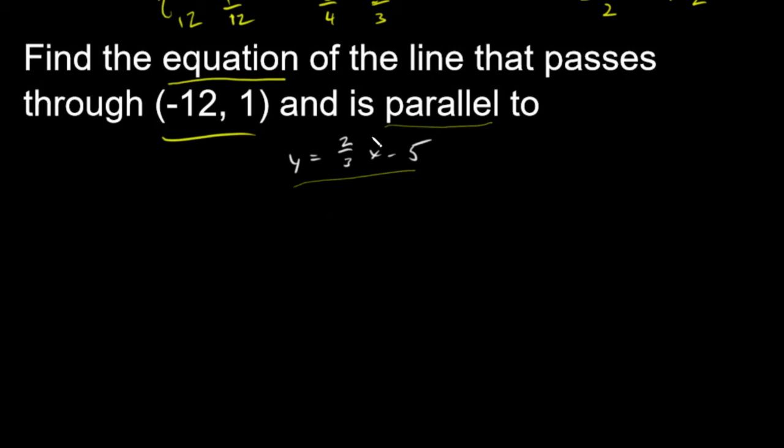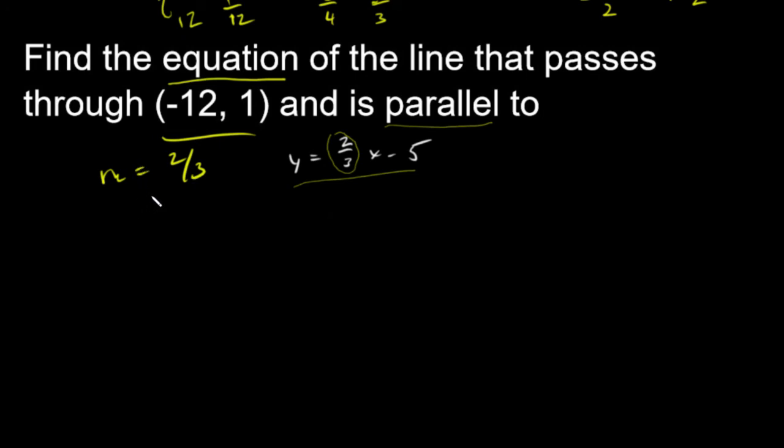What is the slope of this line? Well, it's in slope-intercept form, and so the slope is just the 2/3. This number here is the slope. So basically, once you break it down, this is really saying find the equation of the line that passes through this point and has a slope of 2/3. And we've done this several times.